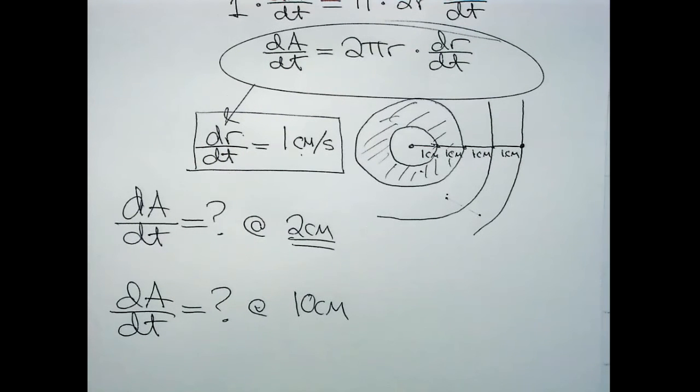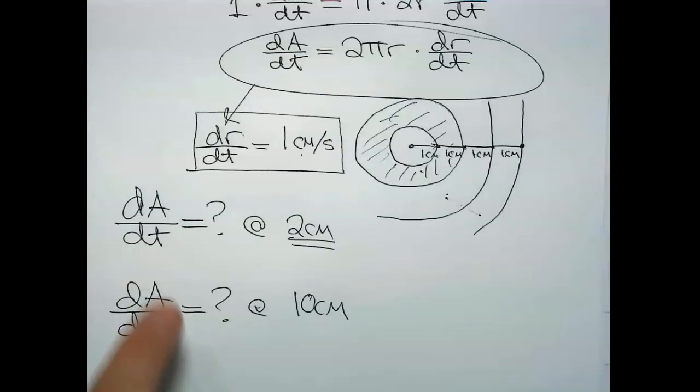Now, I want you to think this through for a second. What do you think is going to happen here? When the radius is small, it's still growing by 1 centimeter per second, but the contribution of area for that 1 extra centimeter is not that much. But when you're out here at 10 centimeters, 1 extra centimeter along the outside of that circle is a tremendous amount of area. So now, dA/dt has increased.